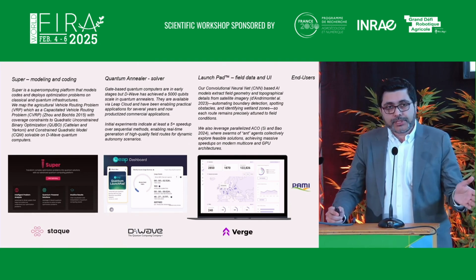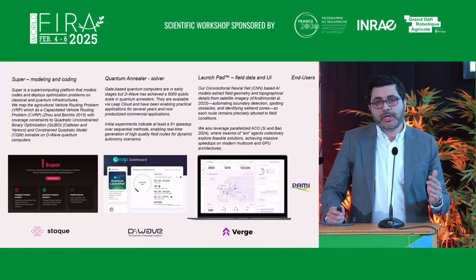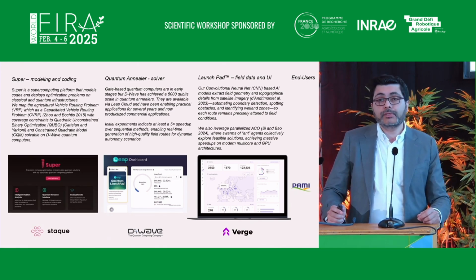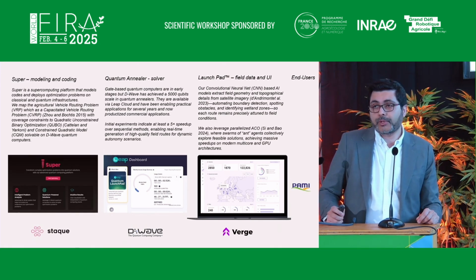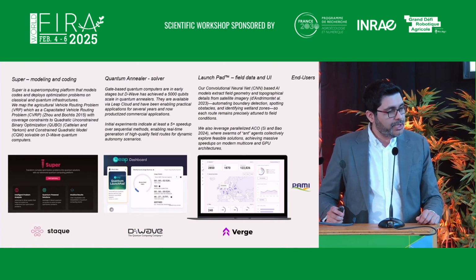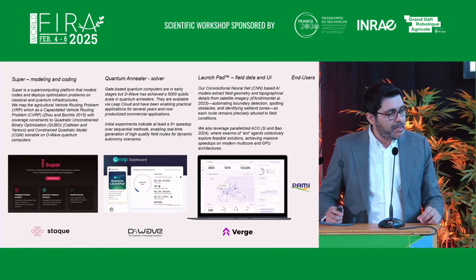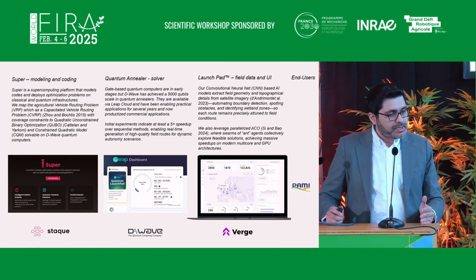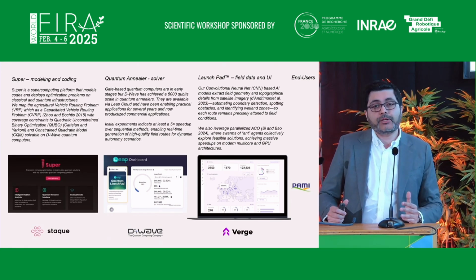We do that using Super, and then the code gets deployed on the D-Wave quantum annealer, which is available through Leap Cloud. You can experiment with quantum computing; it's available through the cloud. Sign up with D-Wave on Leap Cloud and start experimenting. Once the code is deployed there, the job runs, you get the results, and the results are sent back to Launchpad.